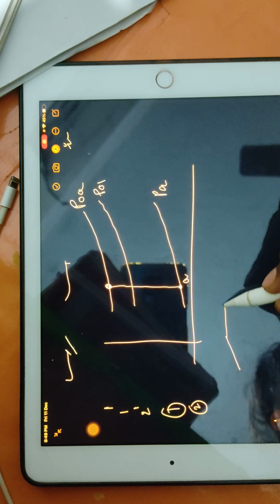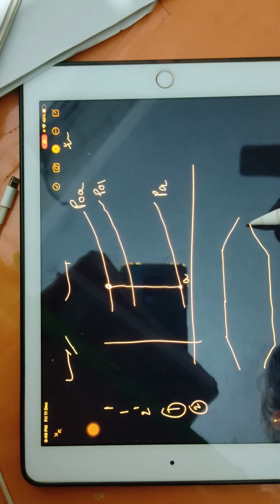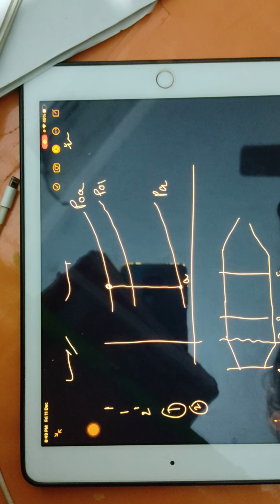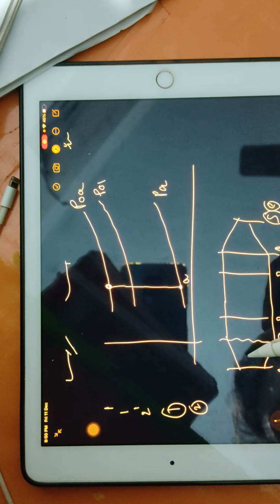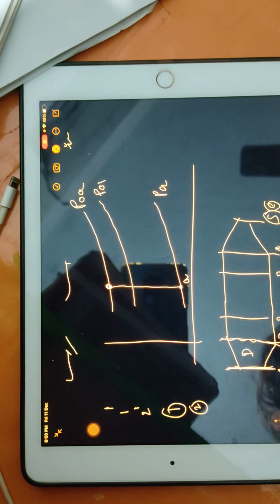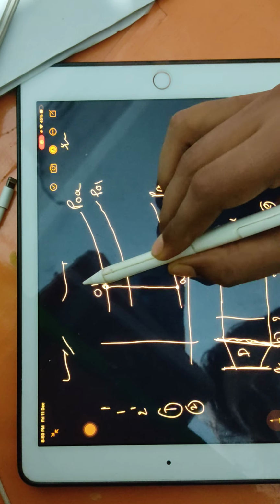So this is my diffuser, then combustion, and so on. From here to here, this part I am considering as A. This is 1, then this is 2, then the combustion chamber, then the turbine, and then the nozzle. You can use 5 or you can also use E. So this is the beginning of the diffuser, and this is the end of the diffuser. The diffuser ends at point 1, so I will consider this as 0 1 dash.